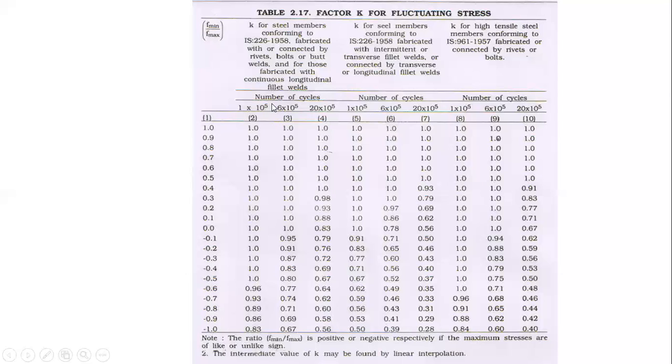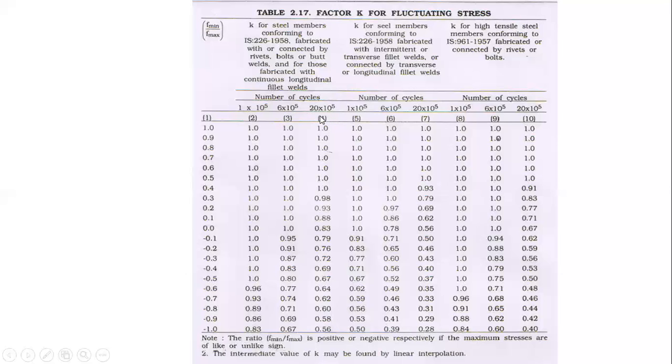Now these are the number of cycles. Fatigue means the number of alternating cycles of tension and compression. These fatigue cycles are 1 into 10 power 5, 6 into 10 power 5, and 20 into 10 power 5. Suppose the member is subjected to both tension and compression forces, then we have to choose 20 into 10 power 5, the larger number of cycles.